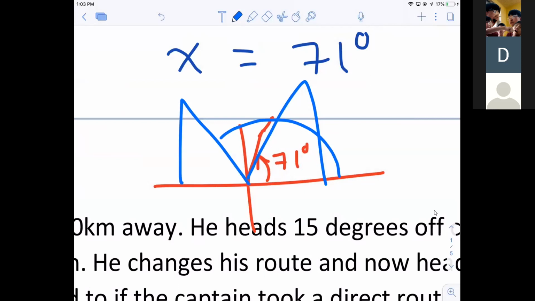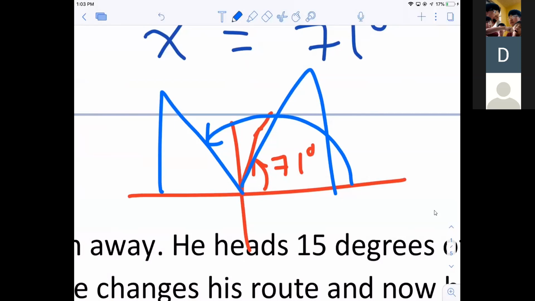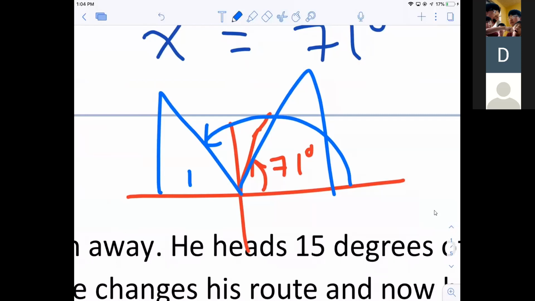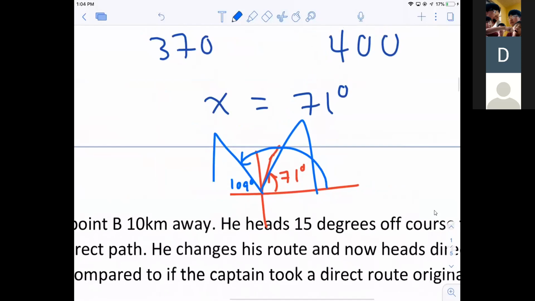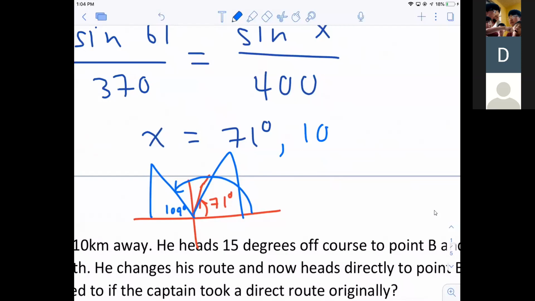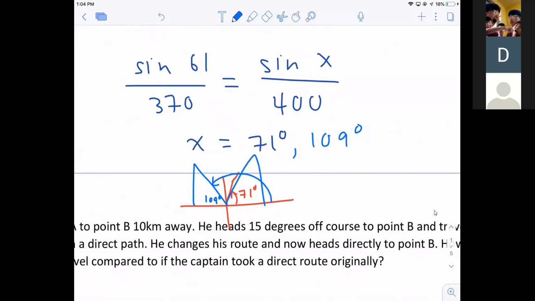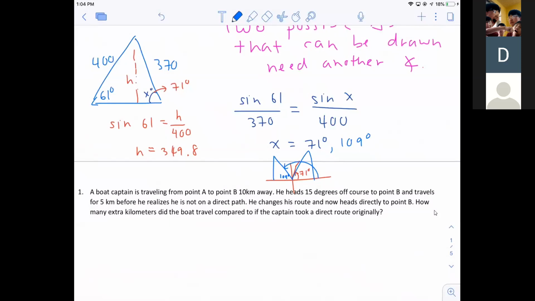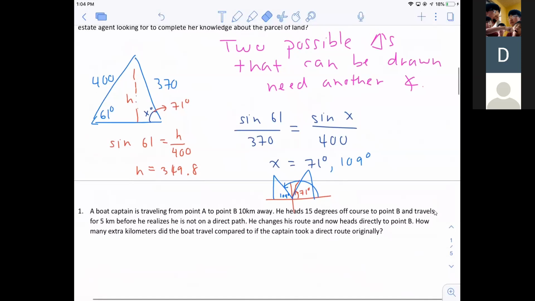Well, if I draw this triangle, this also needs to be 71. So 180 minus 71 is 109 degrees. So there's another answer here. Instead of 71 degrees, I can also say 109 degrees, and that should also be another possible answer for our angle.